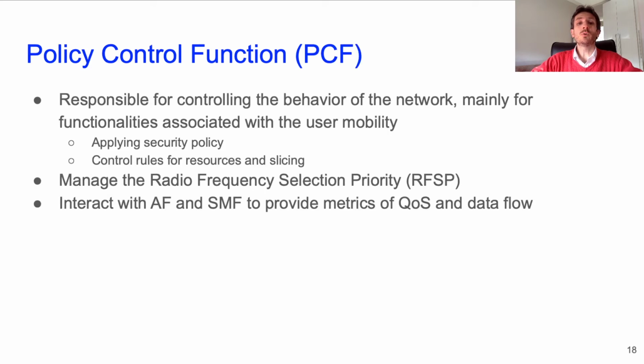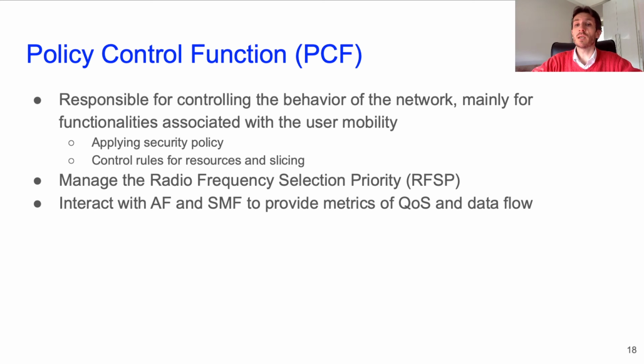Policy control function has the same function as the PCRF of the EPC core in the 4G system. PCF is responsible for controlling the behavior of the networks, applying security and control rules related to the management of user mobility. This component interacts directly with AMF components, providing access and mobility.